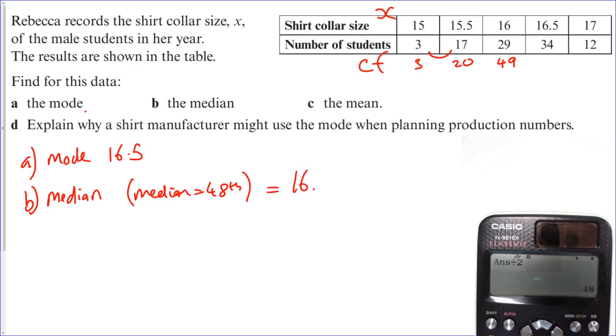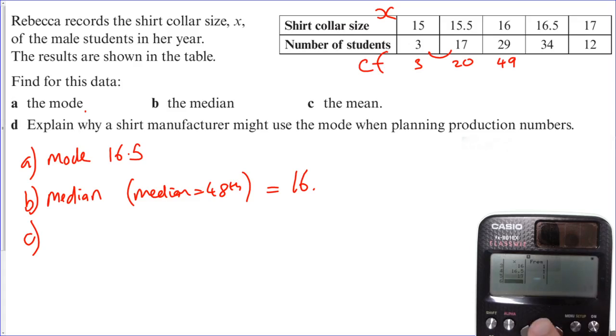When we come to find the mean, C, we're going to return to our calculator. We're going to go back to stats mode. We're going to do one variable calculations. We're going to enter our X and our frequency, making sure we get these right. So we've got 15, 15.5, 16, 16.5, and 17.